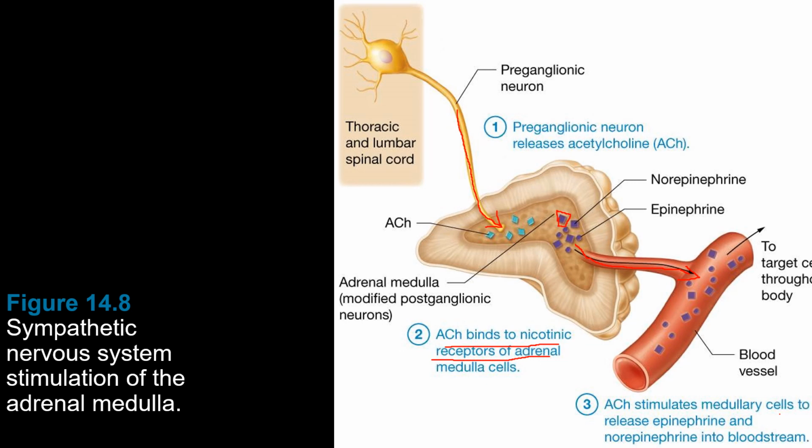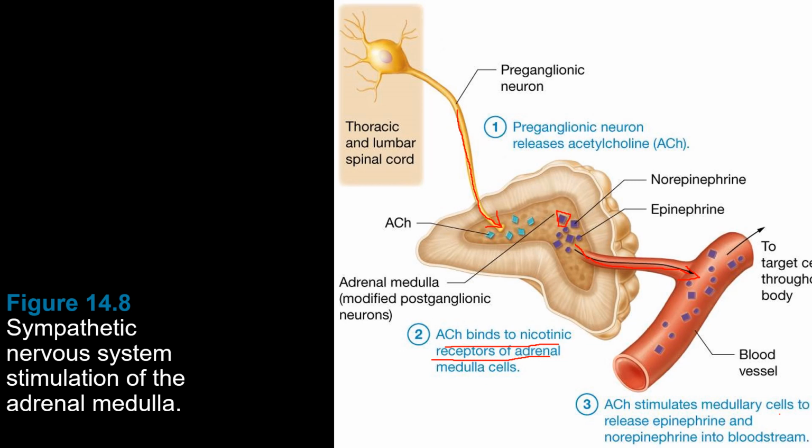A second benefit is that epinephrine and norepinephrine in the blood can reach cells that are not innervated by the sympathetic neurons. So these normal neurotransmitters, epinephrine and norepinephrine, when they act as hormones, they're able to reach a wider, quote-unquote, wider audience of cells.